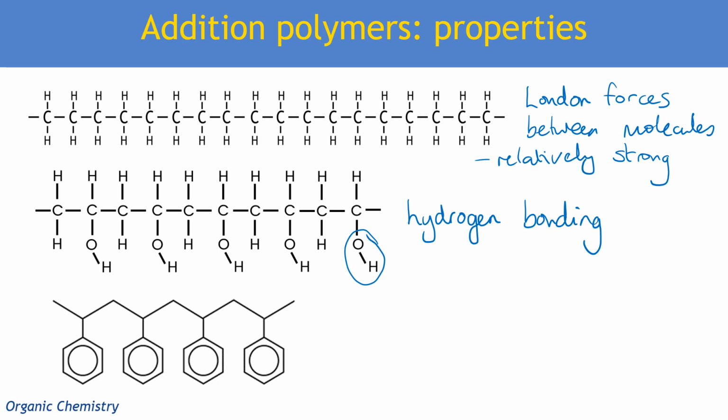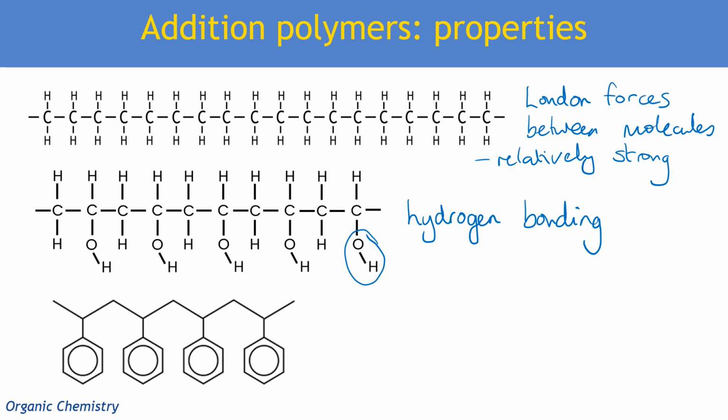Well, it's got to be the same mass, otherwise it's not a fair comparison because of this increase in London forces when we increase molecular mass. So you can have hydrogen bonding, and in fact this polymer, I believe, is actually one that will even dissolve in water. So things like those plastic laundry bags or those little things around dishwasher tablets that disappear, it's because they're dissolving in water.